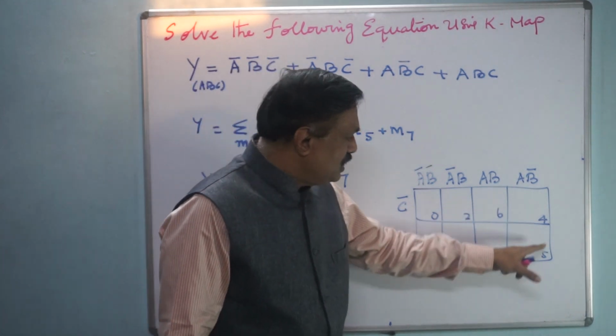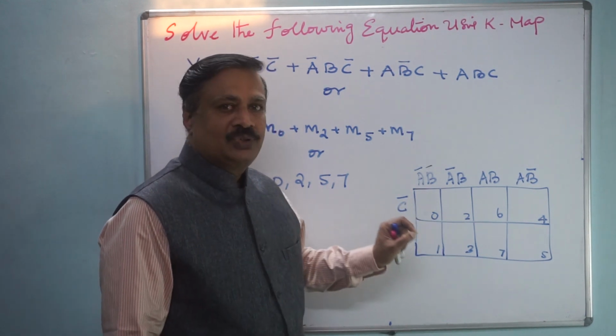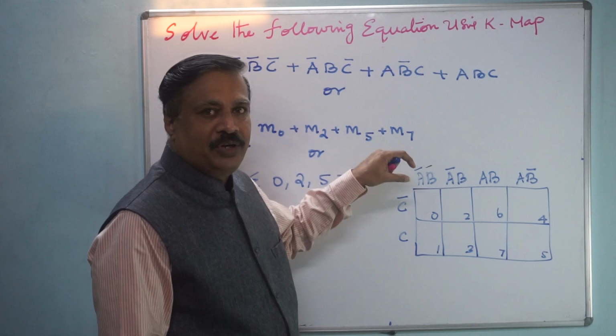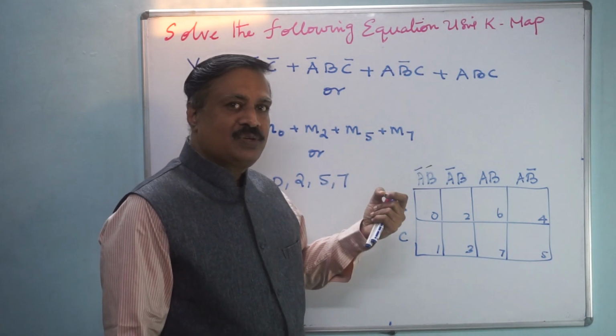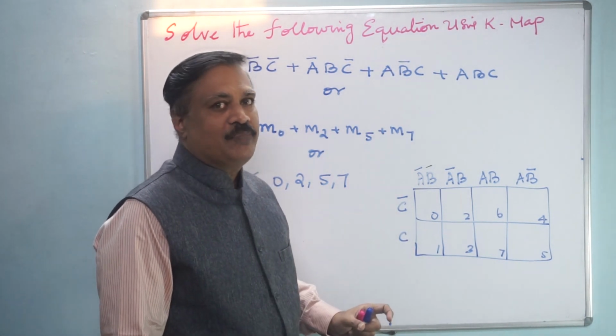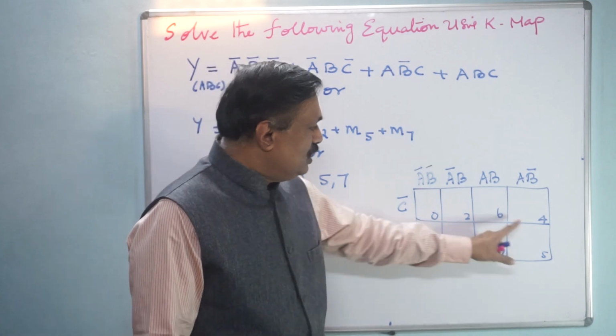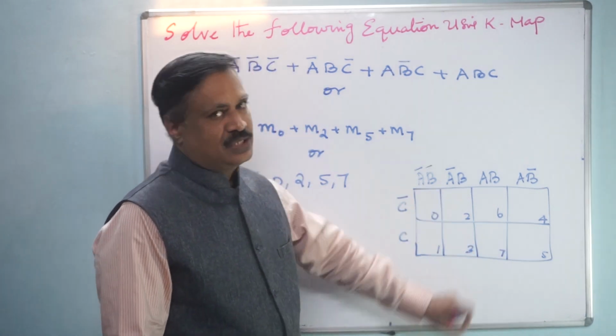And why I have given these numbers? These numbers belong to decimal numbers for particular min term. If you refer the last class, min term or K-map structure, it is explained in the table. As per the table, I have filled these. That means these are the decimal numbers for particular cells.